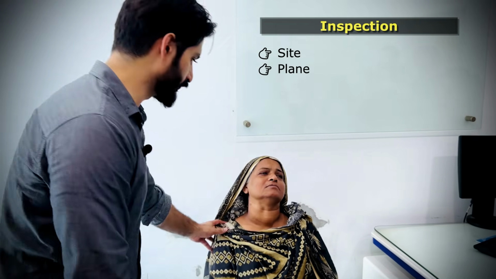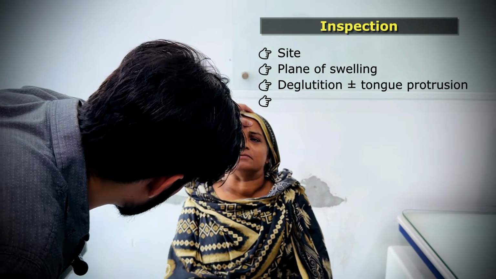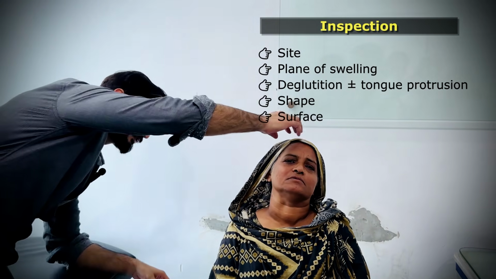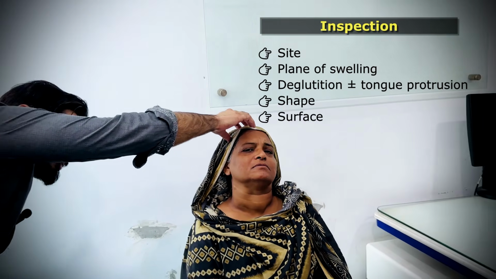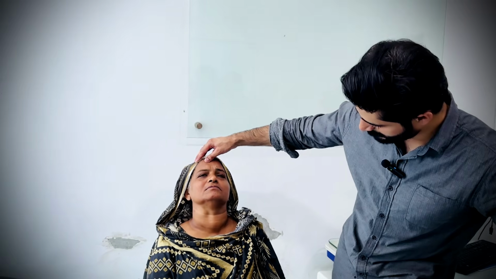There should be thorough proper inspection from each side. From the front side, look at the swelling. Then from the sides, notice the dimensions of the swelling, its nodularity, its extent.